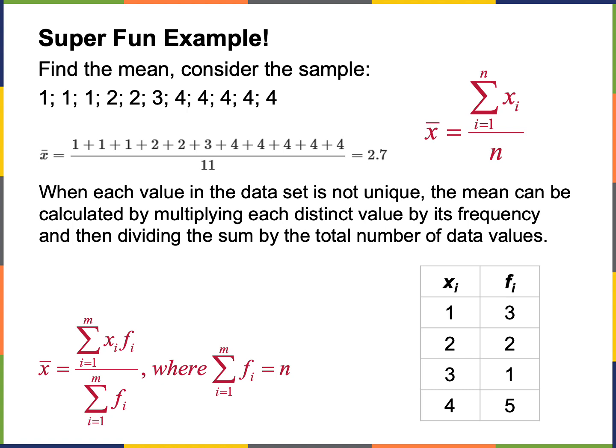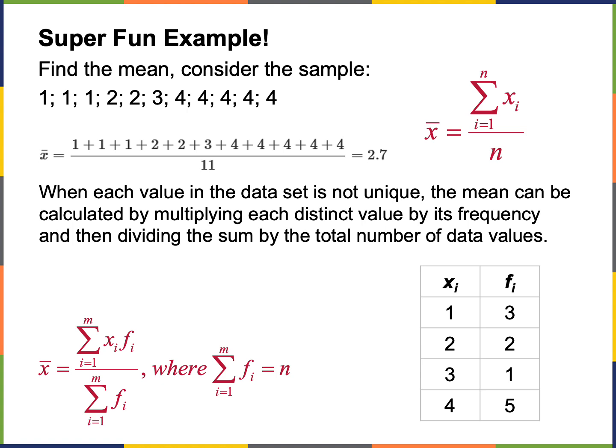However, consider this. 1 has a frequency of 3, 2 has a frequency of 2, 3 has a frequency of 1, and 4 has a frequency of 5. If I create a chart with the data values and their respective frequencies, meaning how many times each occurs, you can alter your formula for the mean using frequency, where you take the product of these two, because multiplication is repeated addition.